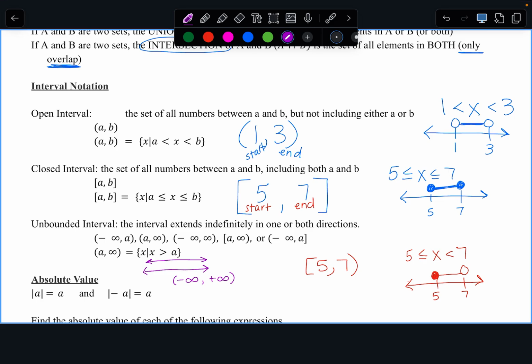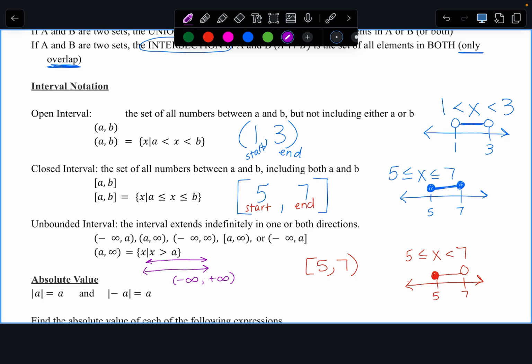That means it includes everything. And because negative infinity isn't really a number, it can't touch negative infinity. Think Buzz Lightyear: to infinity and beyond. There's a beyond, so that's why it's a parenthesis. I know it seems really silly, but these are little things that you can think of to help you remember. Okay?